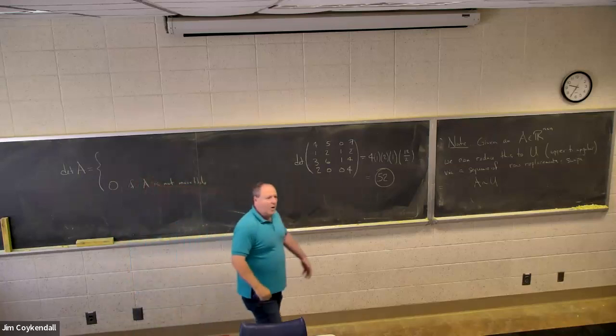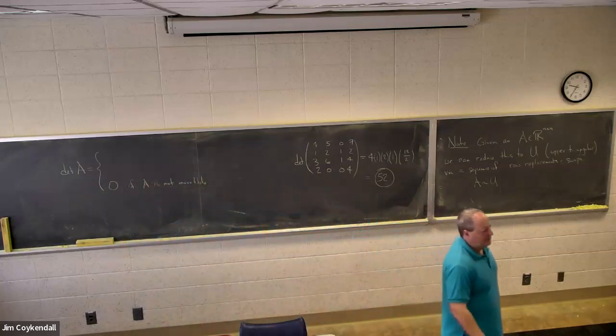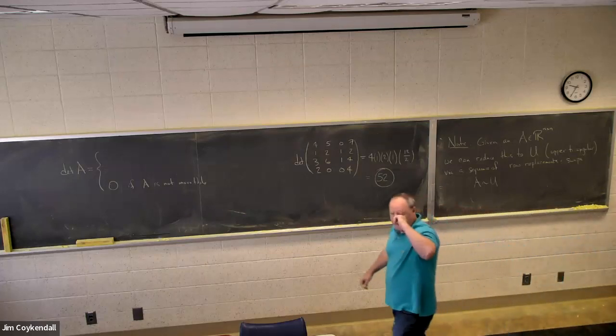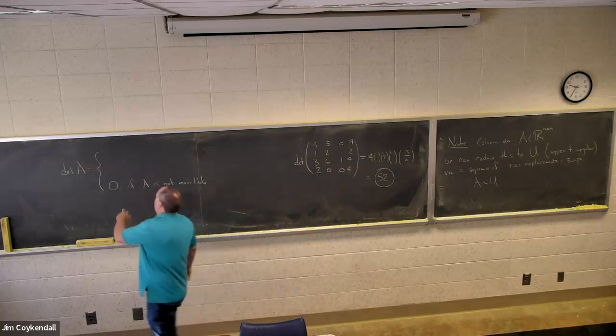That is, if in row reduction you get less than n pivots or n pivot columns, or if you get a row of zeros, or if you get a column of zeros, it'll be 0.